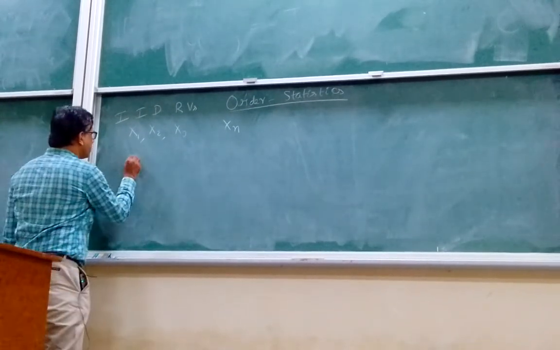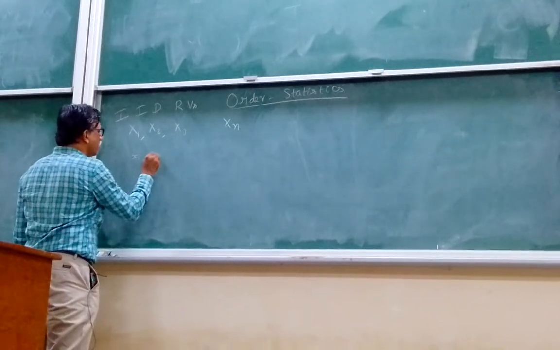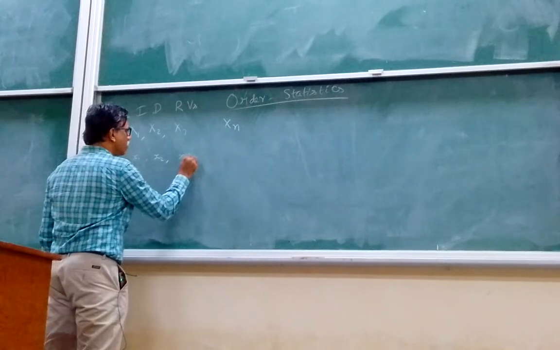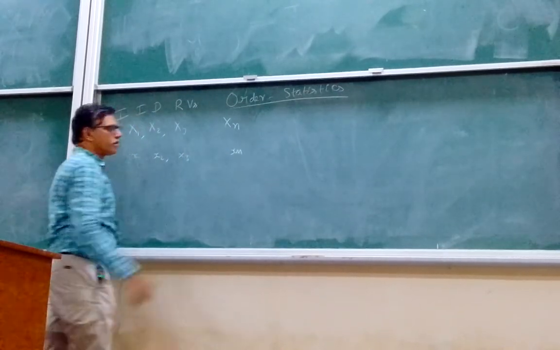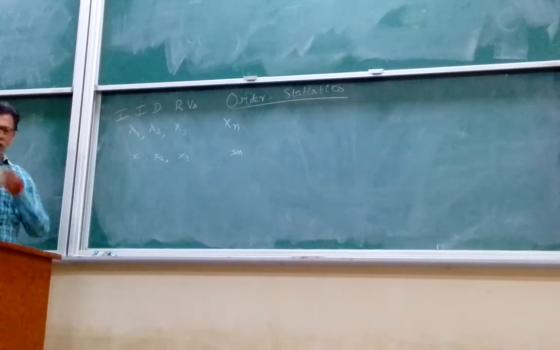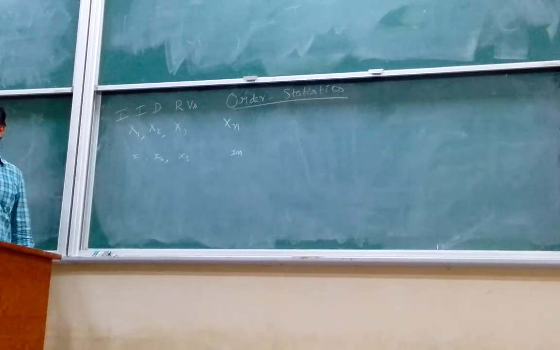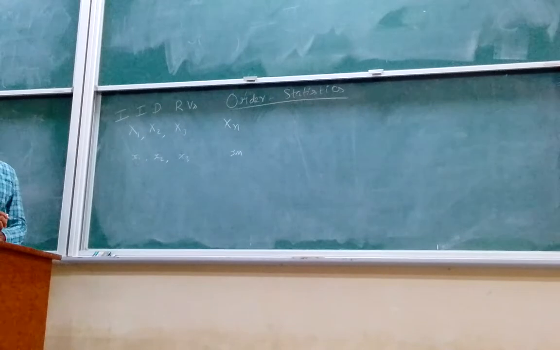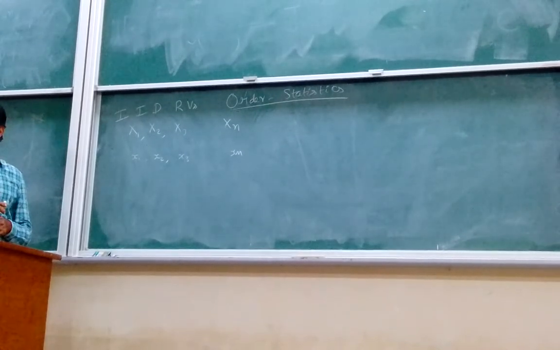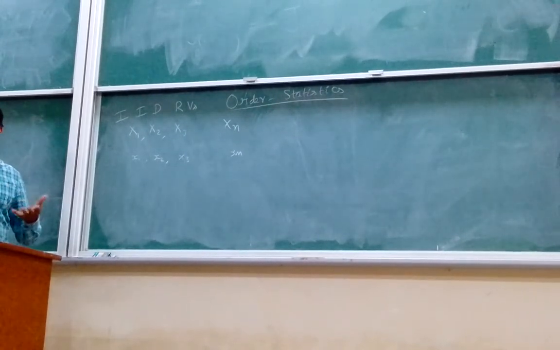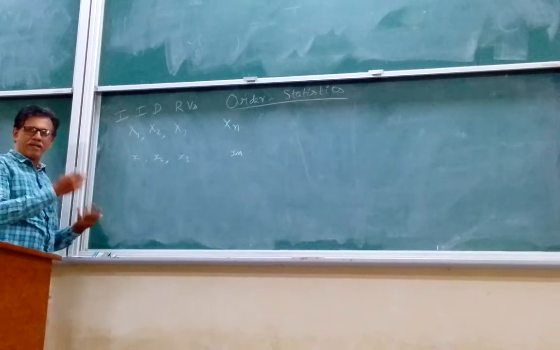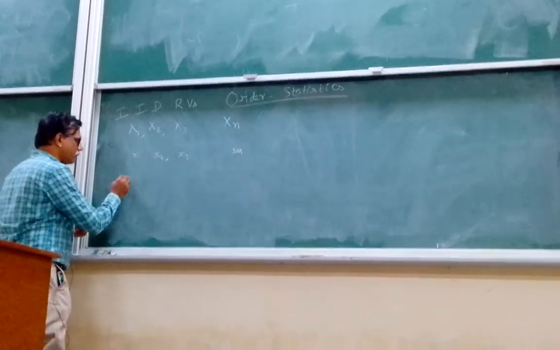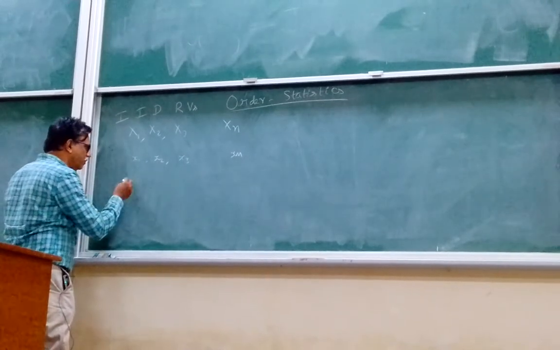Let us denote by small case letters the realizations of these random variables. Then you arrange the realizations in ascending order, or some order. Ascending or descending, it doesn't matter. Both discussions will be the same.